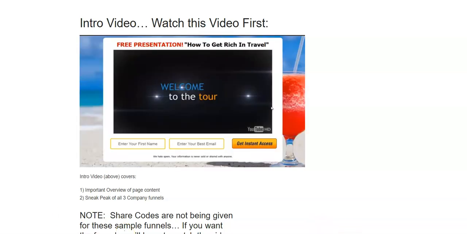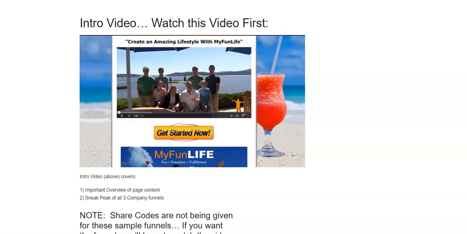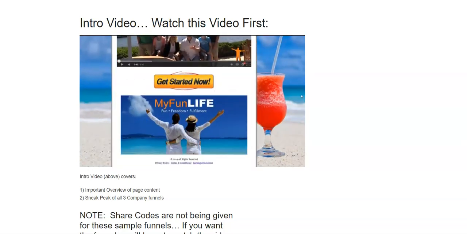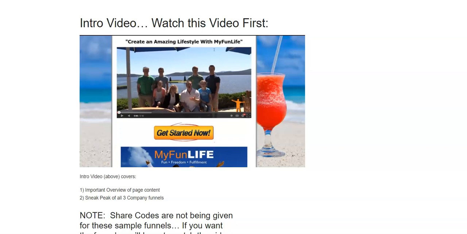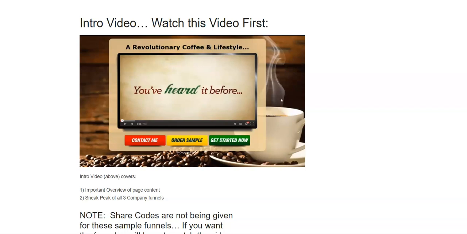Here's a sneak peek at the lead capture page for the second funnel I created. And this is one of the sales pages in that funnel. And here is a sneak peek at the capture page for the third funnel I created. And here is one of the sales pages in that funnel.